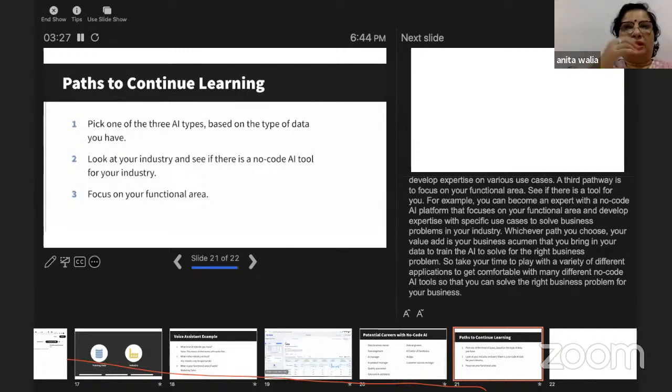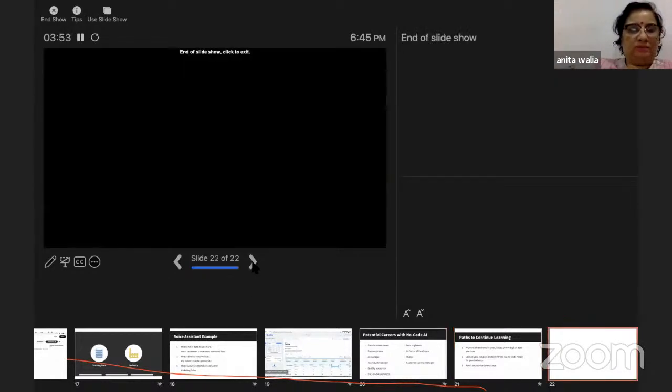The way I told you that in no code web development, you can use a content management system like WordPress or Wix to build a site prototype and then you develop a code and build a similar kind of thing. So first try it with no code AI tools and then try to build the code and develop a similar kind of model or algorithm for that. So this is one thing.